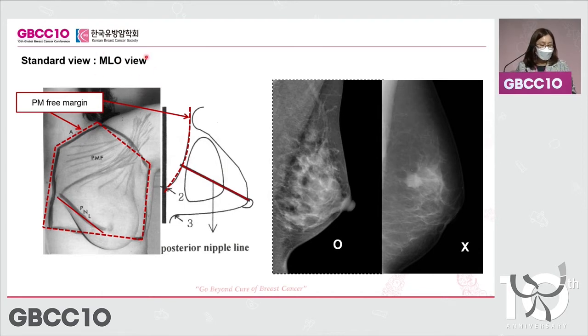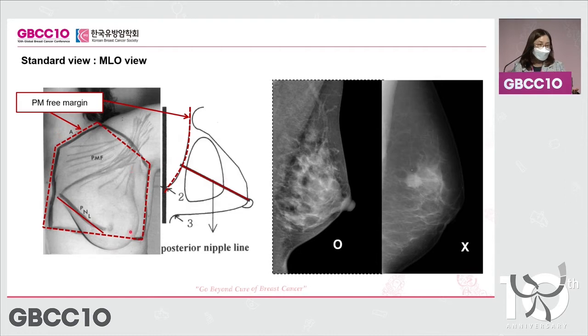If we look at the MLO view, our breast is on the posterior nipple, on the big muscle, and on top of the muscle we have the breast. So when we take a picture of the breast, we need something that you call the landmark. And the landmark will indicate how accurate the picture is. And in order to interpret an image, the image itself has to be of a good quality in order to do a good reading.